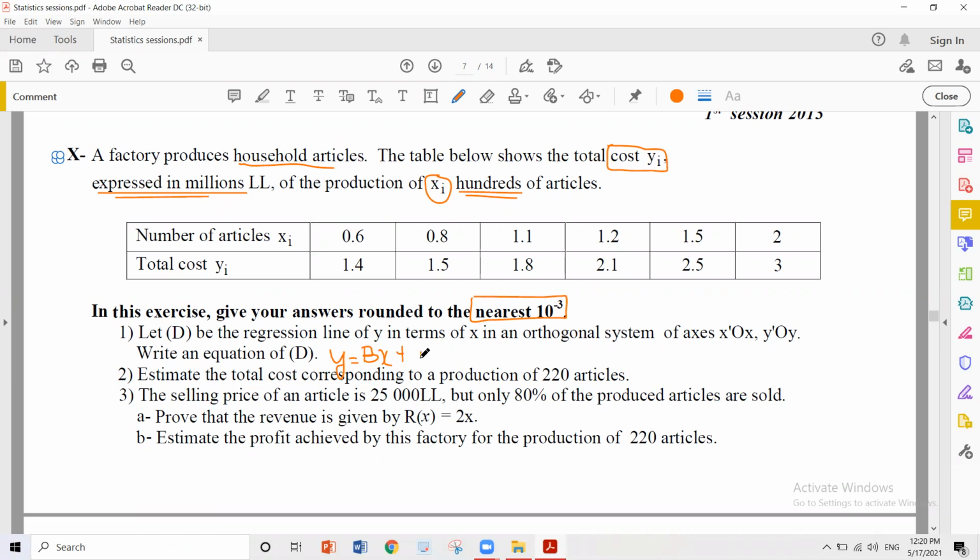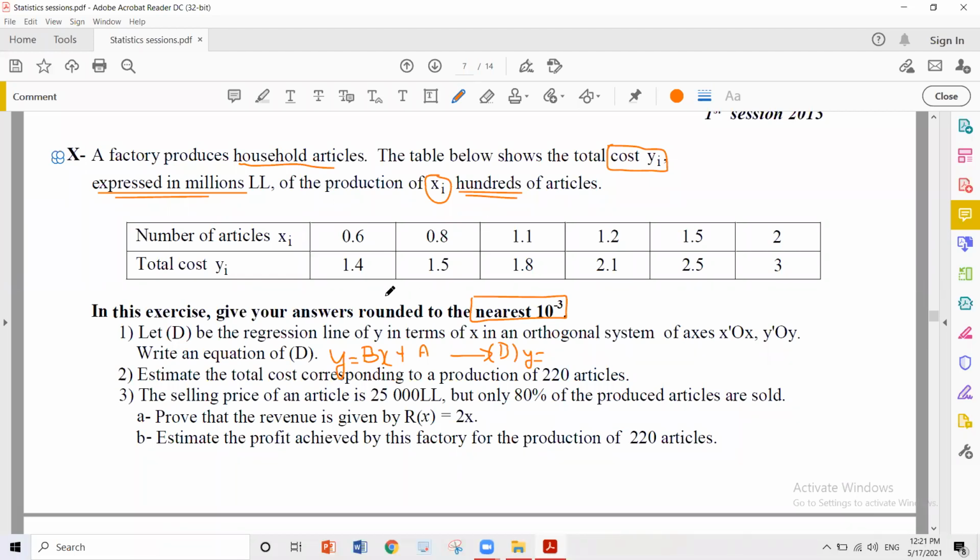Okay, who found the values? Line D of equation Y equals. Who determined B?